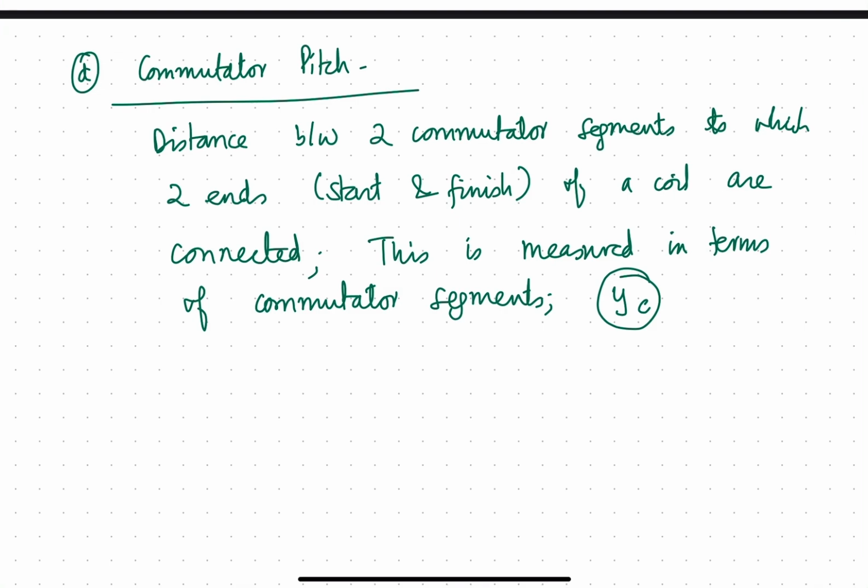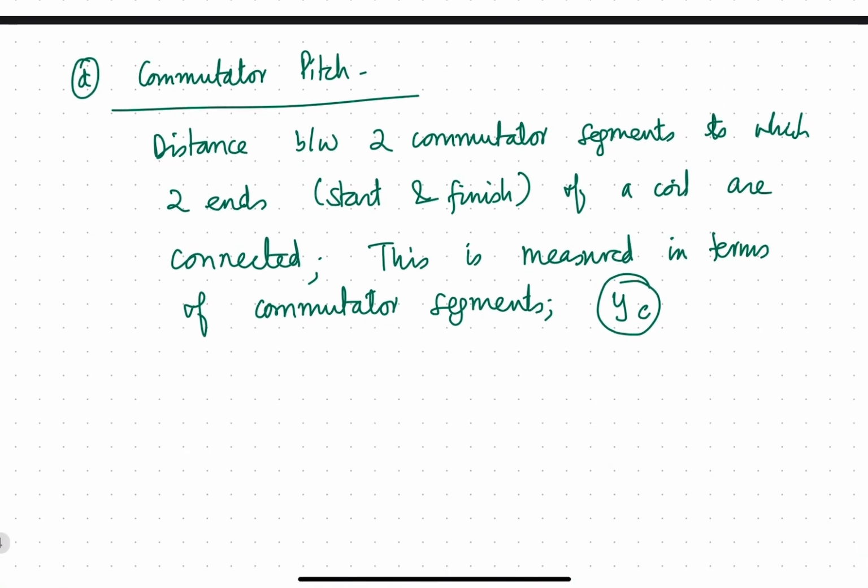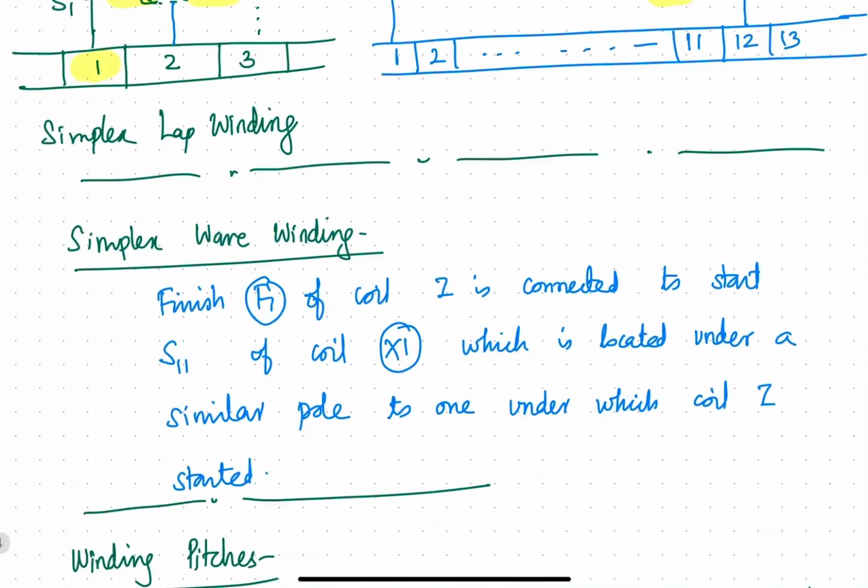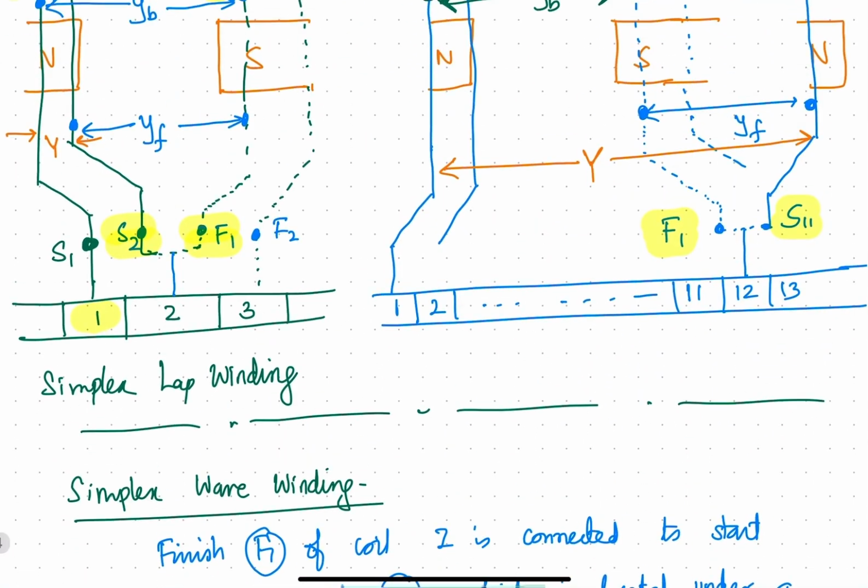So if you see YC in the lap winding, this was coil number 2, and this was coil number 1, so the difference between the two is 1. So in case of the lap winding, it's 2 minus 1, so YC is equal to 1.